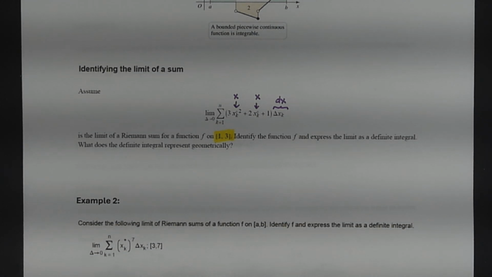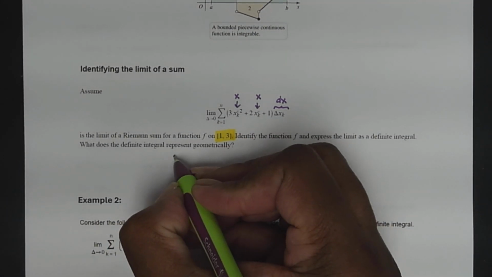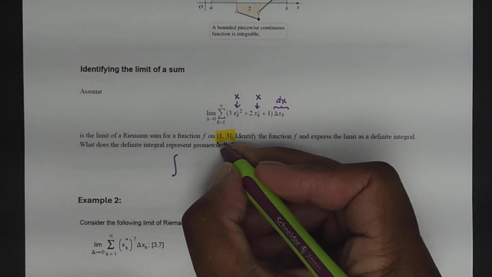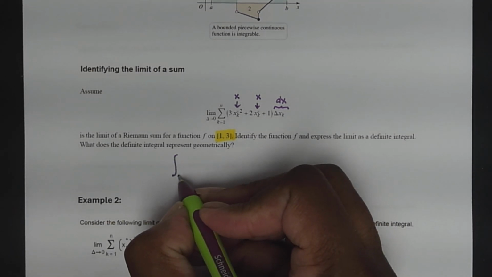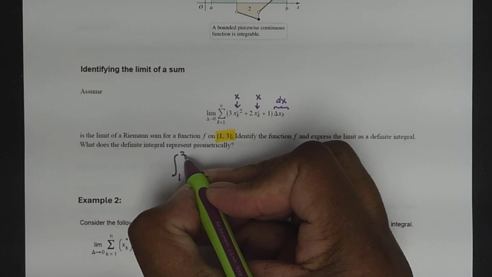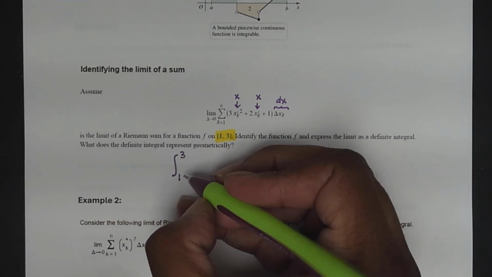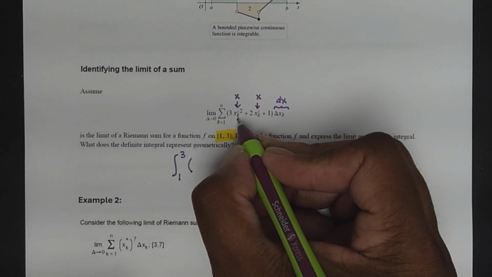So if we were to write this as a definite integral, we use our integral sign here. Now the interval we're using is from 1 to 3. So the lower limit goes on the bottom, the upper limit of 3 goes on the top. From 1 to 3, the low to high, of, instead of the x star sub k, we use x.